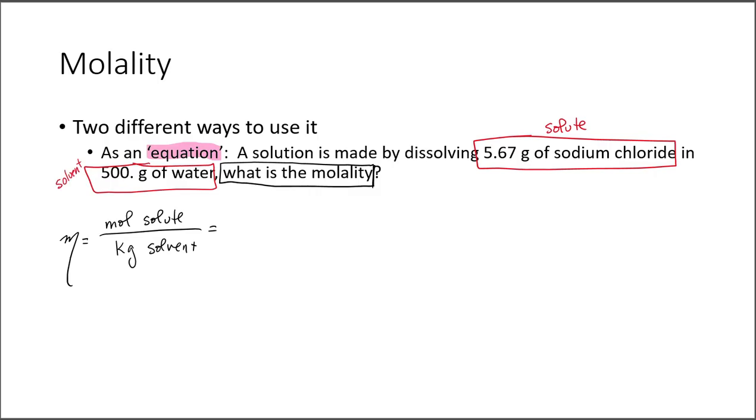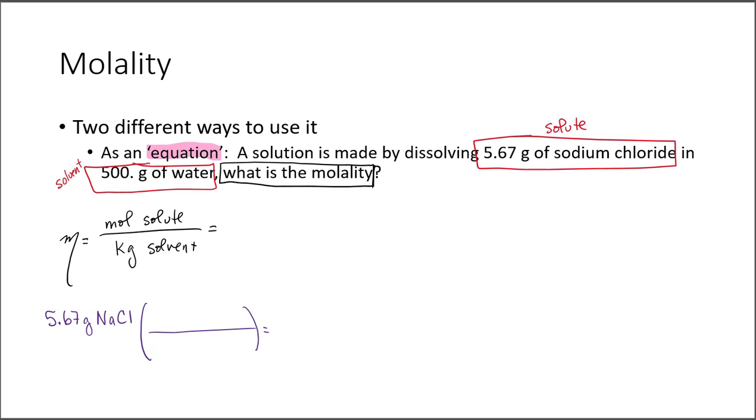So we're going to take 5.67 grams of solute sodium chloride and convert it into moles. If I were in class right now, I'd ask, so what do we need in order to do that? And someone would say molar mass. And I would say, yes, that is accurate.